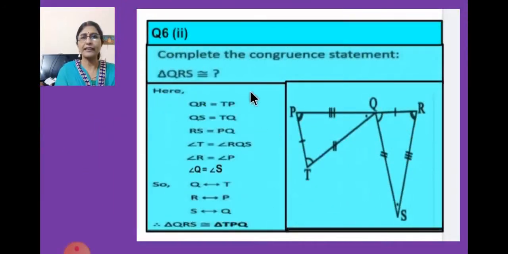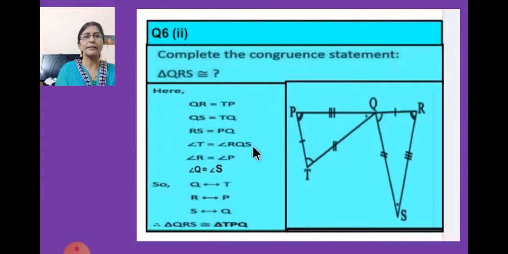Now the second part of the same question, complete the congruence statement. Triangle QRS is congruent to question mark. So this we have to fill. Now first again same method, we will see the figure and we will write what is given in this figure. So it is given QR is equal to TP. You can see here QR, this is the side which is equal to TP.